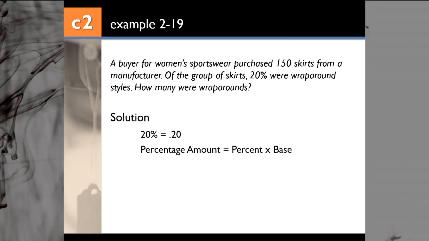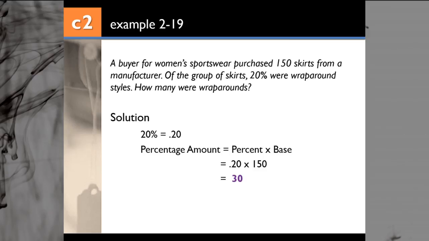And the base is 150. So you multiply 0.2, which is the same as 20%, by the total skirt amount. 0.2 multiplied by 150 gives you 30 as the answer.